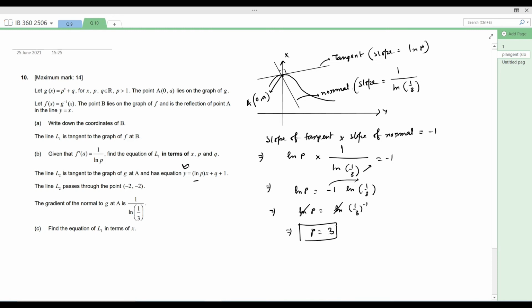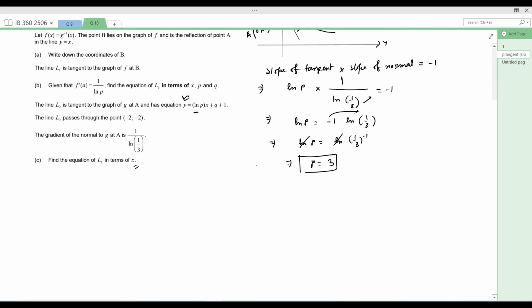Now we also need to find the value of q, because in terms of x we need to find L1. The point (-2, -2) passes through the equation y equals ln p x plus q plus 1.